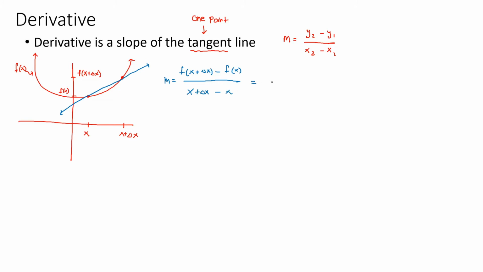So if you simplify this, your slope will come out to be f of x plus delta x minus f of x over delta x. So here is your slope of a secant line.